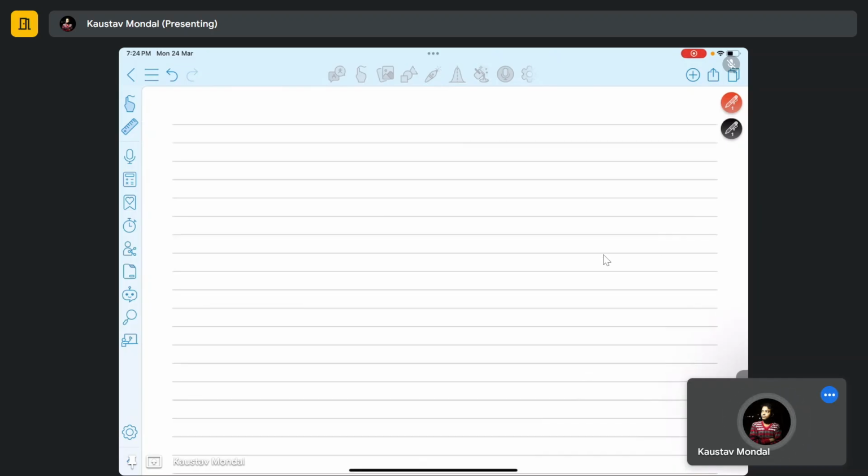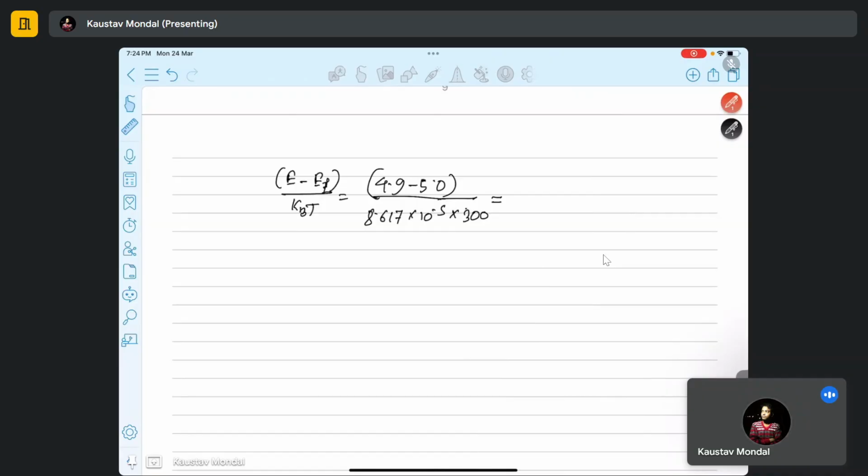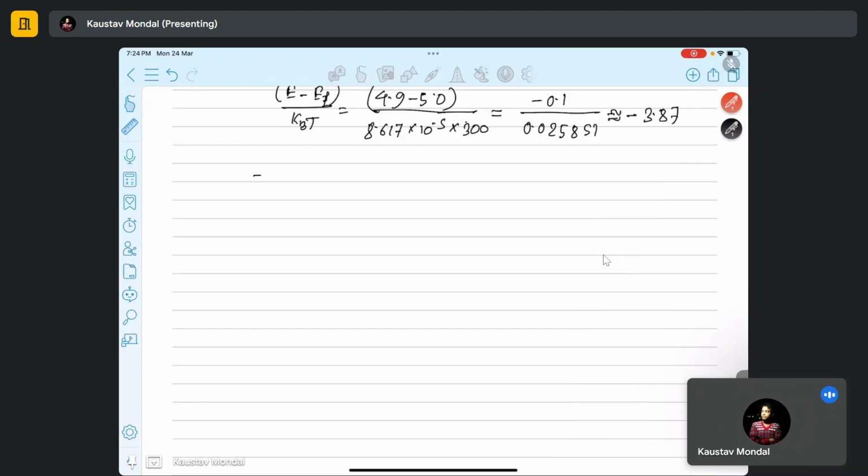The exponent is (4.9 minus 5.0) divided by 8.617 times 10 to the power minus 5 into 300, which gives you minus 0.1 divided by 0.02585, giving you around minus 3.87.